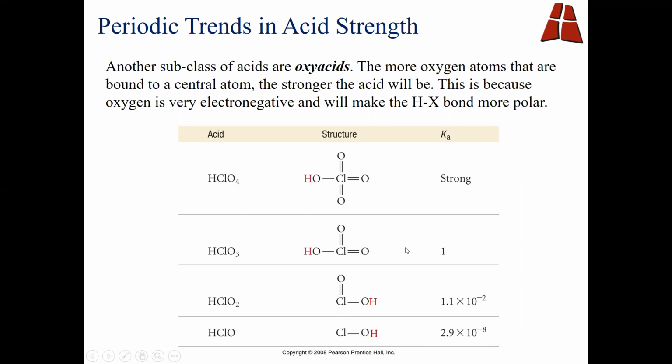Then chloric acid, HClO3, would be next, which is basically a strong acid, or at least very close to it. Then we have chlorous acid, HClO2, and hypochlorous acid, HClO, which are in fact weak acids. So you can see that as we add more oxygens, our acids become stronger and stronger.